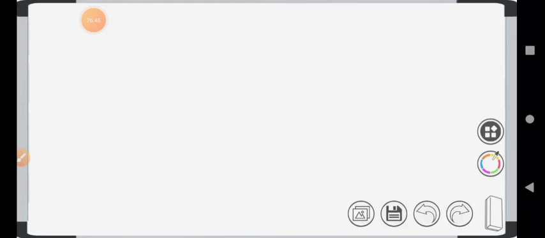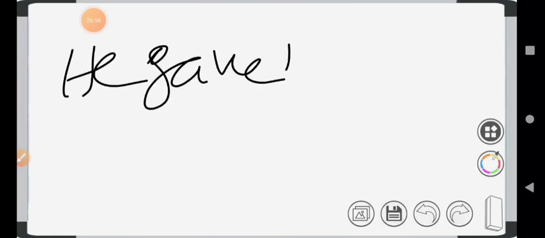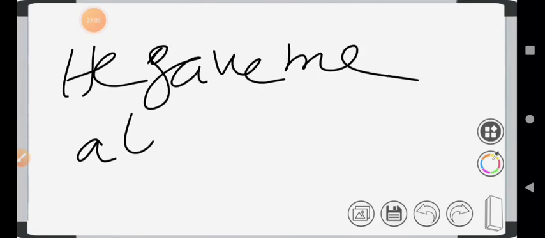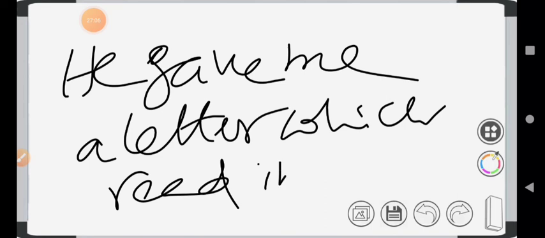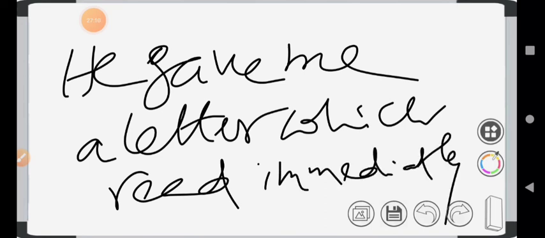He gave me the letter which I read immediately. For example, he gave me a letter, which I read immediately. Read, R-E-A-D, past tense form.